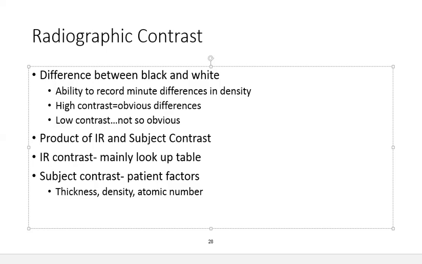So radiographic contrast is a product of the image receptor contrast, that is the contrast that's inherent in the image receptor system, including the computer algorithm in a digital world, and the subject contrast. So if you were to take an x-ray and process it under the wrong computer algorithm, it's going to change up your grayscale.